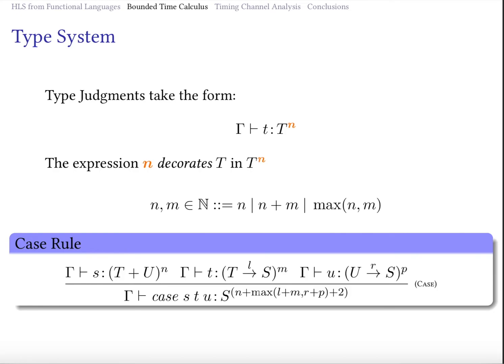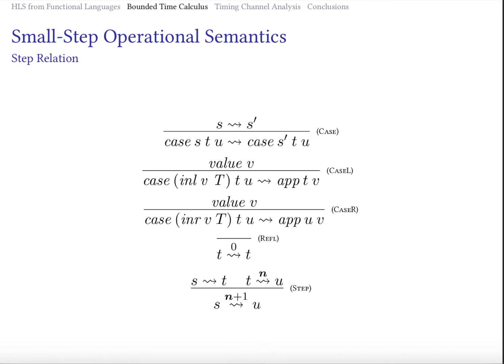Here I've shown the case rule. The basic point is that the indices from the sub-expressions end up determining the index for the case. The small step semantics for this language is completely unsurprising, so I just flash part of it up on the screen for your edification.